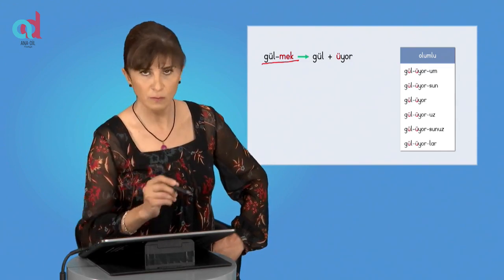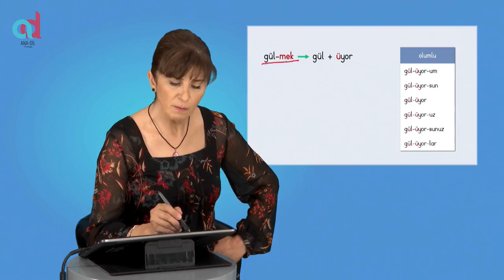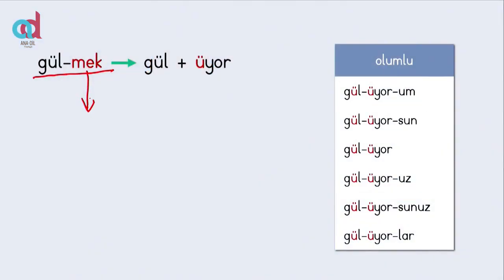What we do is very simple. This is our mastar, which in English is basically to smile. You already know we add a suffix to our verb root. So this is gülmek, to smile.